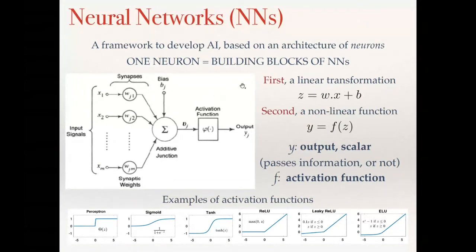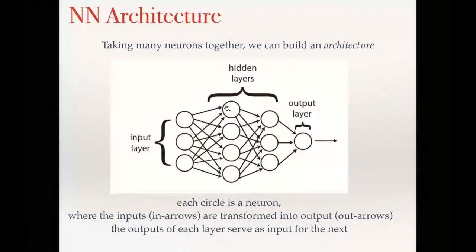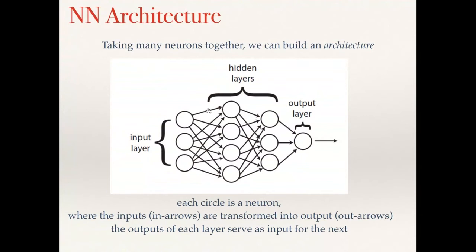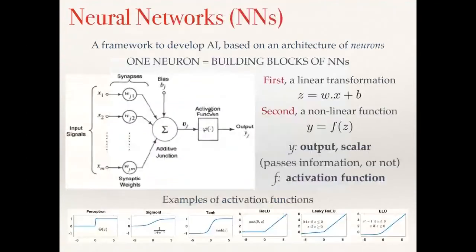Each of these circles corresponds to a neuron. What the circle will do here is take the output of the previous one, assign some new weights and a new bias, and do this transformation on it.